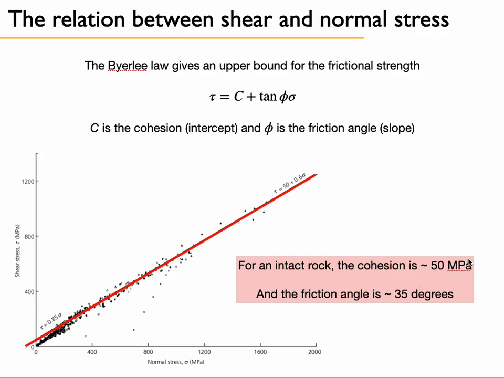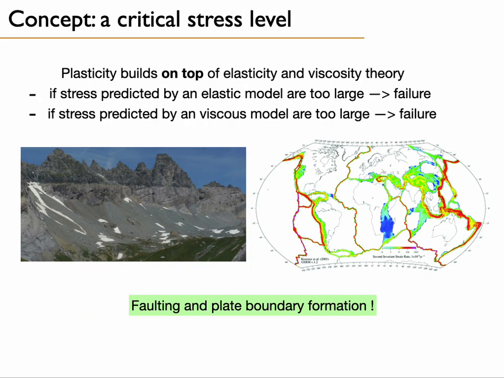Remember this measure here, 50 megapascal, so that's really for a stiff rock. But the megapascal scale, we've seen it before, it is the same scale as when someone is walking with a high heel and weighs about 70 or 80 kilos. So we are very close to this order of magnitude of stress that can cause yielding of the materials.